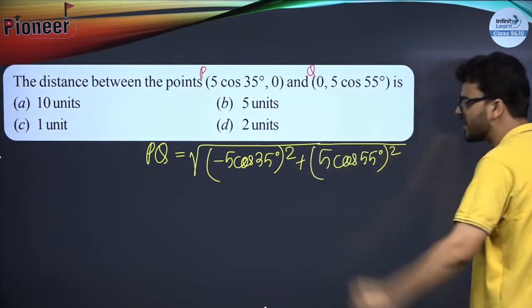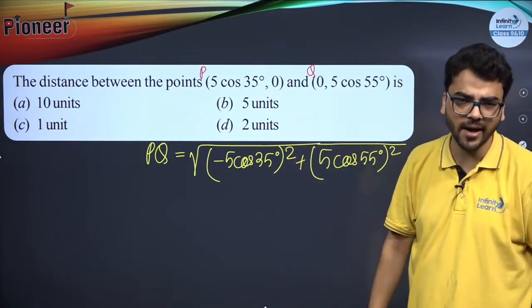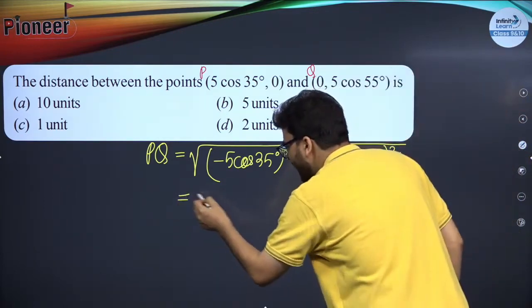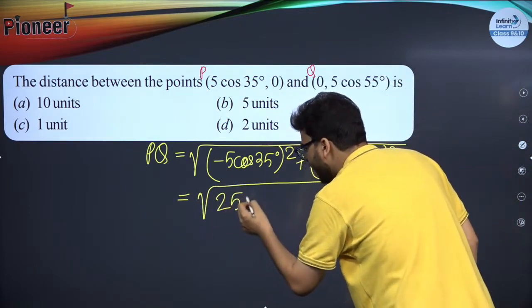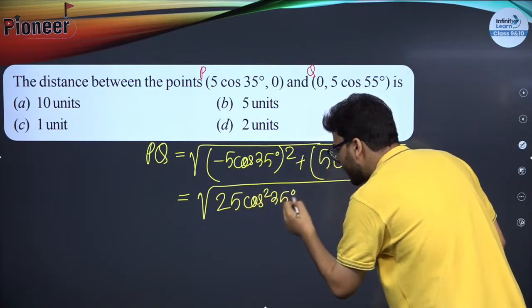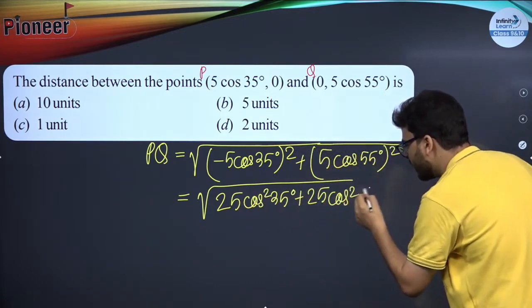So this is the answer, but you have to further simplify because you are not getting the answer in terms of sine, cos, tan, right? I hope you understand that. So let's simplify it further. Can I write it like this, guys? Square root of, I can say this is 25 cos square 35 degrees plus 25 cos square 55 degrees, correct?